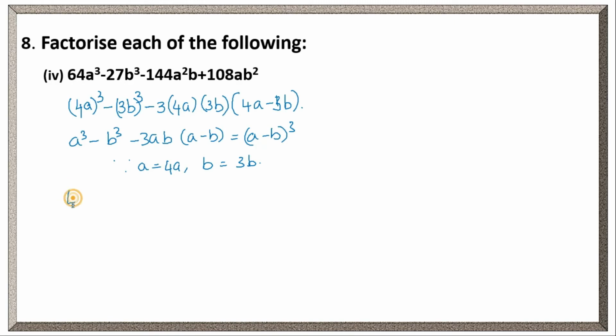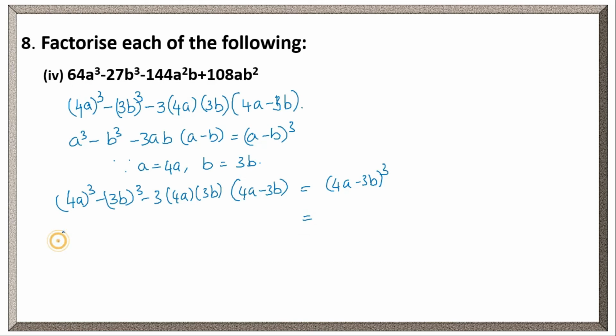So (4a) whole cube minus (3b) whole cube minus 3 into 4a into 3b into (4a minus 3b) is equal to (4a minus 3b) whole cube, which is equal to 64a cube minus 27b cube minus 144a square b plus 108ab square is equal to (4a minus 3b) whole cube, right?